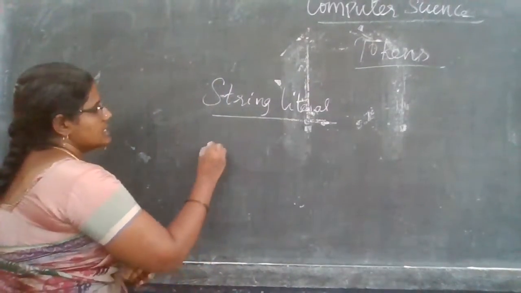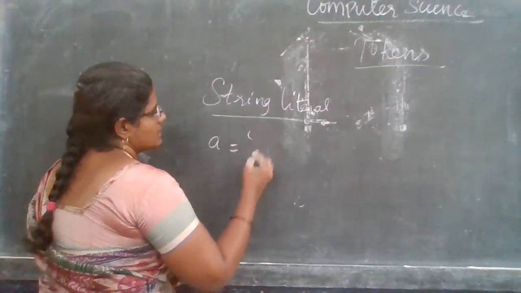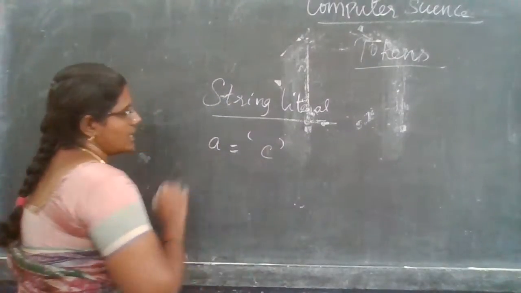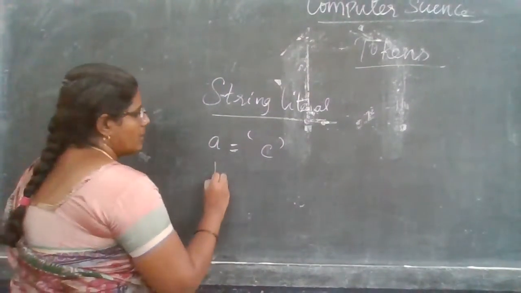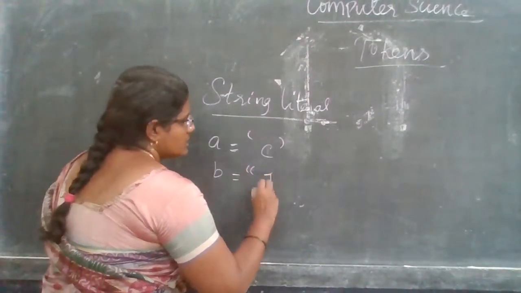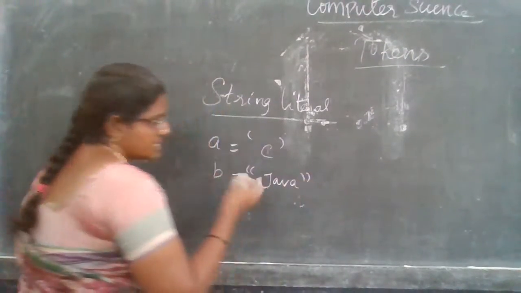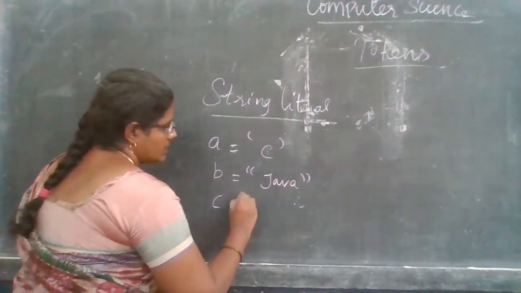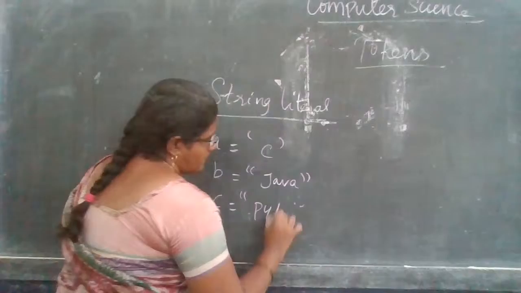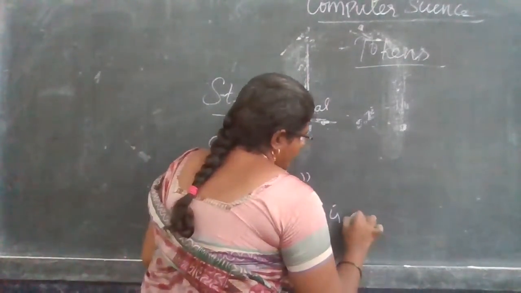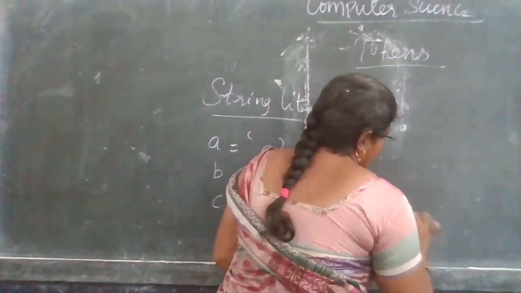For example, A equal to C is also a string literal. B equal to Java is considered a string literal. C equal to Python is an interpreter language.